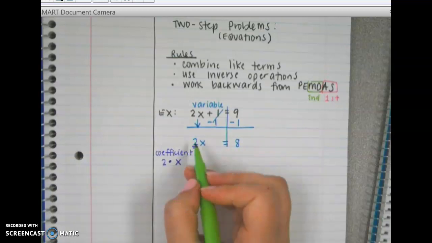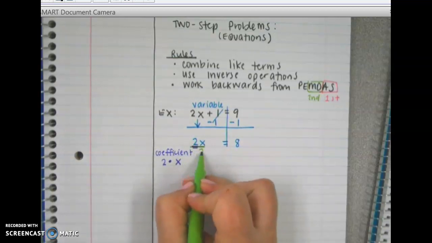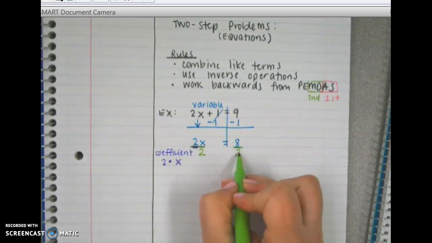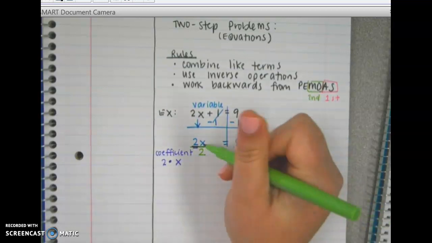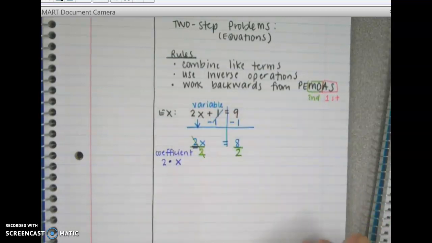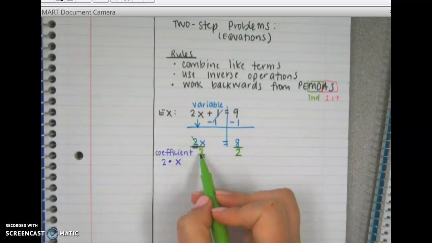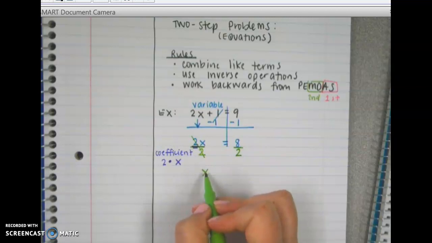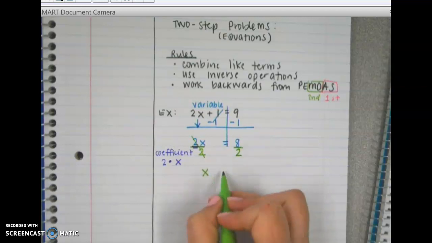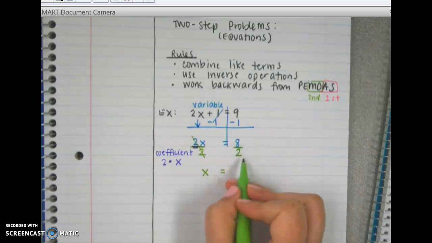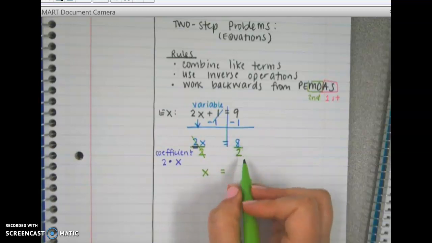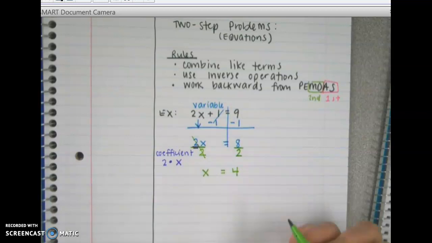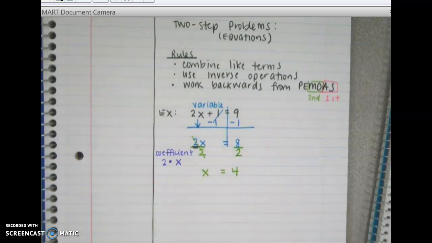So that's usually what we do. We just draw a line there, kind of looking like a fraction bar, to show that we're going to divide by 2. So 2 divided by 2 is 1. So we canceled out the coefficient because we don't need to put a 1 in front of an x. We can just put x. But this side still has to be finished. 8 divided by 2 is 4, and we have x is equal to 4.